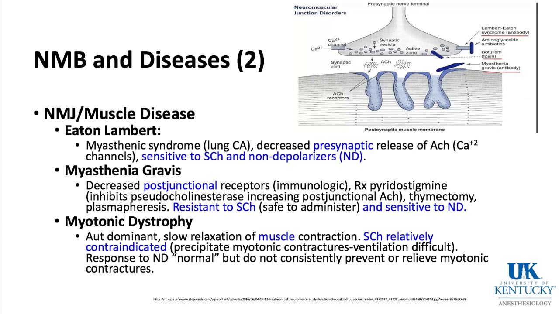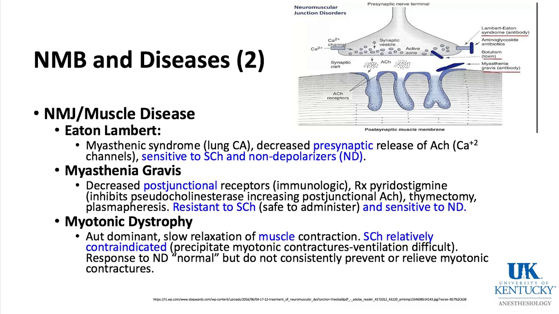Myotonic dystrophy is an autosomal dominant genetic transmission. These patients have a very slow relaxation of muscle contraction. In other words, their muscles stay contracted. If you give them succinylcholine, it's not a good idea because the muscles all over can contract, and these myotonic contractures can make it very difficult to ventilate them.